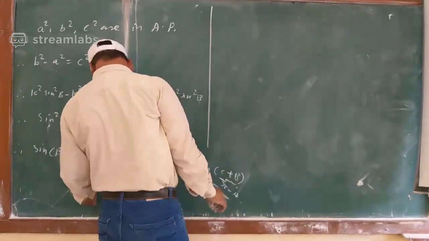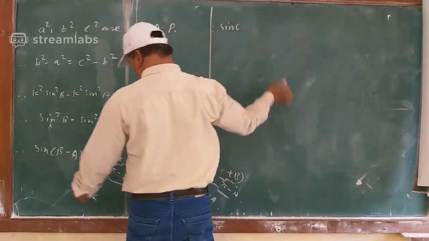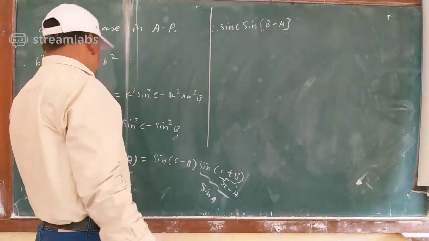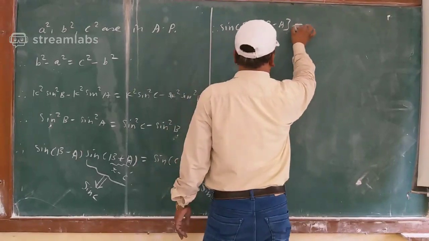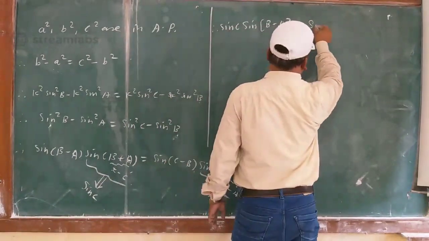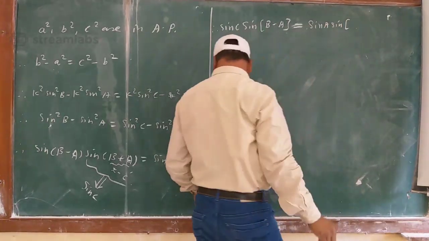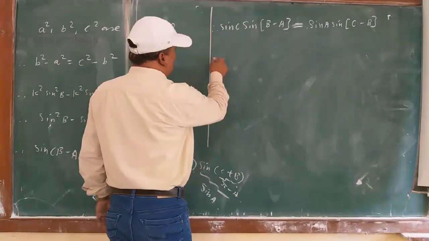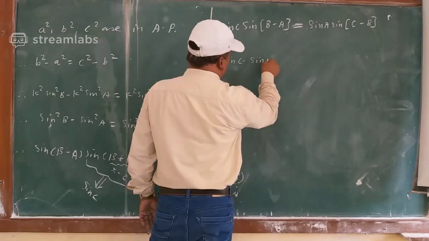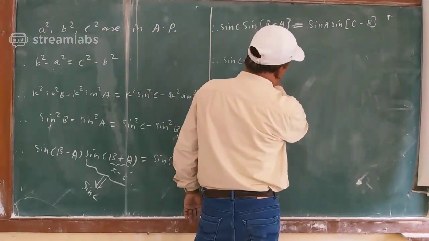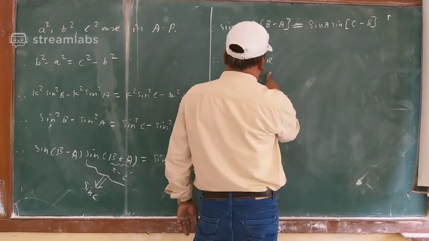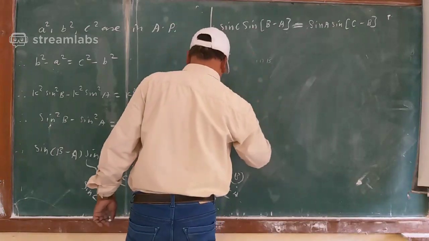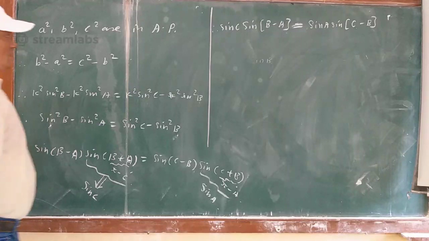Therefore, sin C into sin of B minus A is equal to sin A into sin of C minus B. After that, see now, we convert it in the form of a ratio for our simplification convenience.